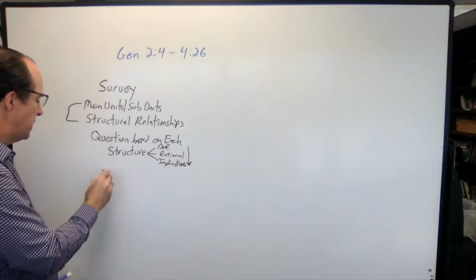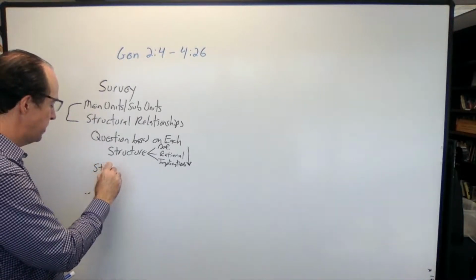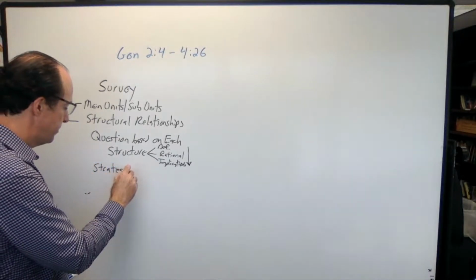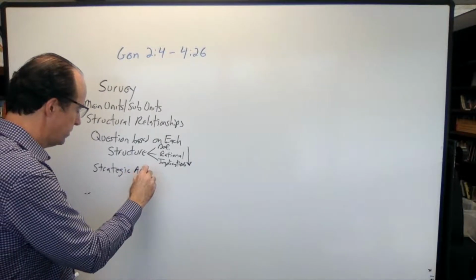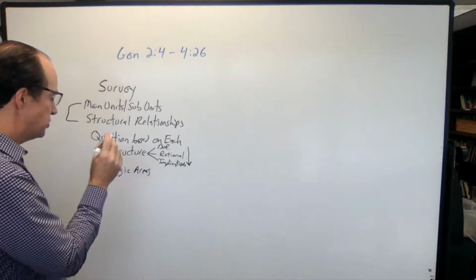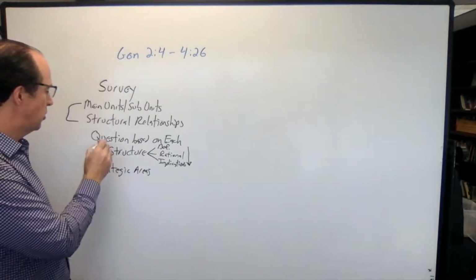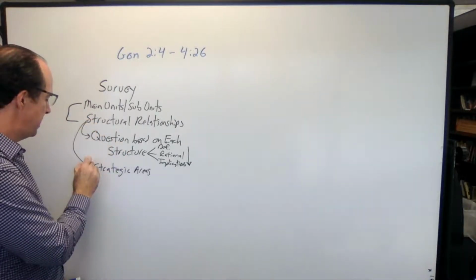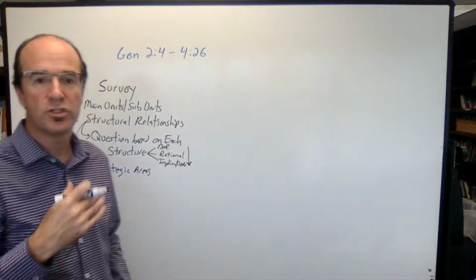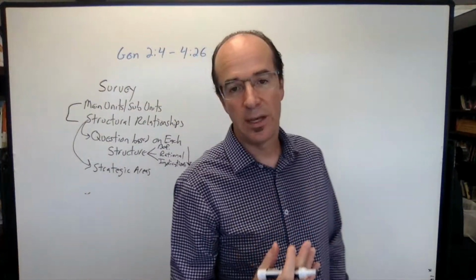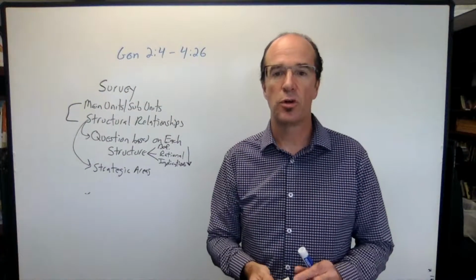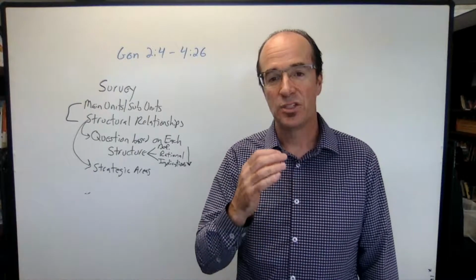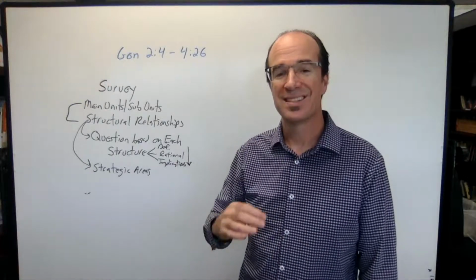Then you also are going to have strategic areas. This is going to be important, and I'm going to show you why in a minute. The strategic areas are also connected to the structure. So questions come off of structure, and strategic areas do too. For every structure that you've identified, you want to make sure that you have a strategic area connected with it.